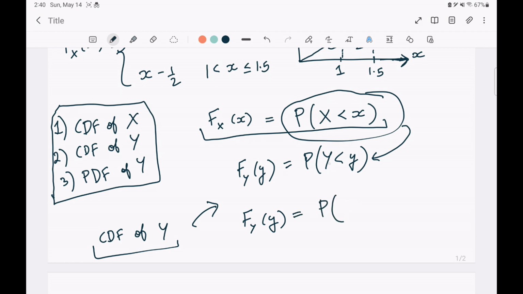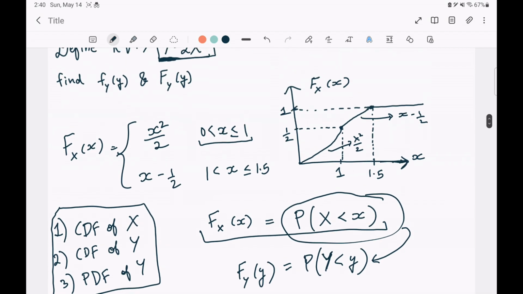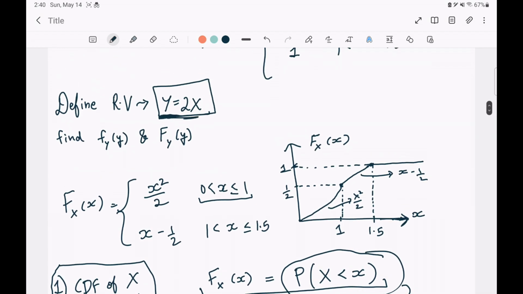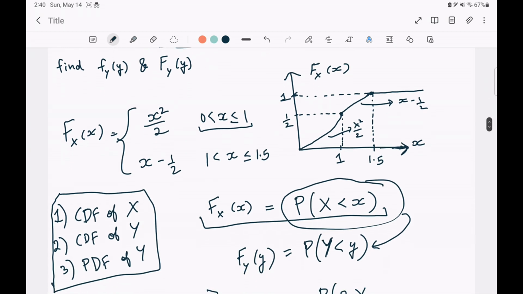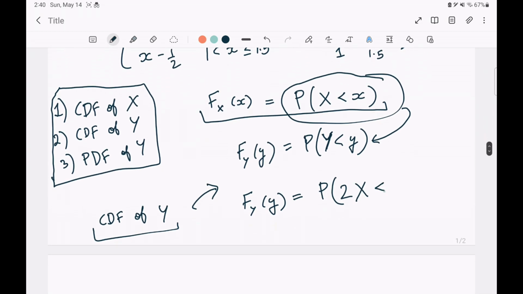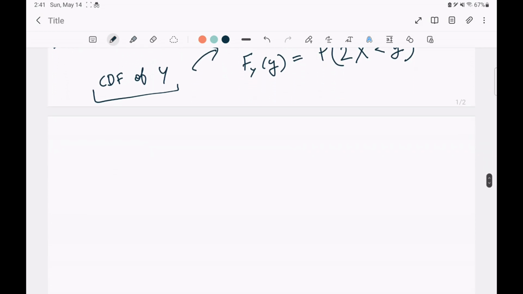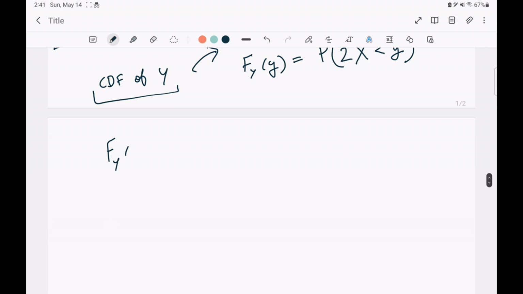So here I will replace the random variable capital Y with 2 times the random variable capital X, as we see that this random variable was defined in such a way. Now this is less than small y. You can also transform it and write it in this way: P of X less than y by 2.